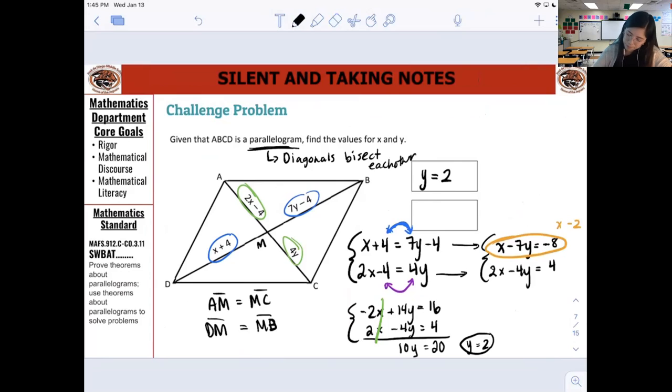Do that again. Okay. So x minus 7 times 2 equals negative 8. 7 times 2 is 14, so x minus 14 equals negative 8. I add 14 to both sides. I get x equals 6. X equals 6.